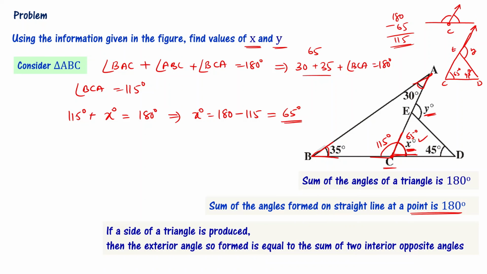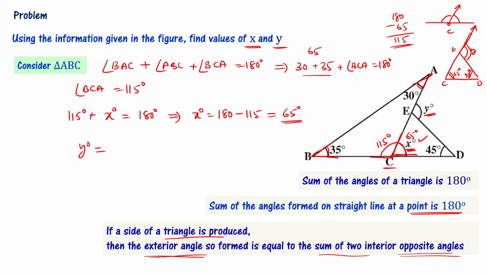It says that if a side of a triangle is produced, then the exterior angle so formed is equal to the sum of the two interior opposite angles. That means angle Y in this particular case is equal to the sum of these two angles, right? Now let me write that.